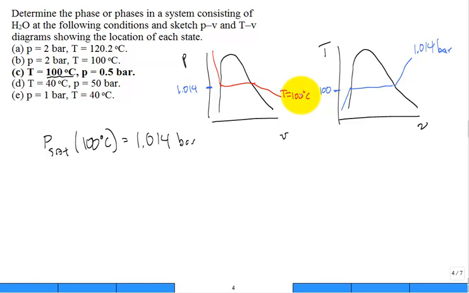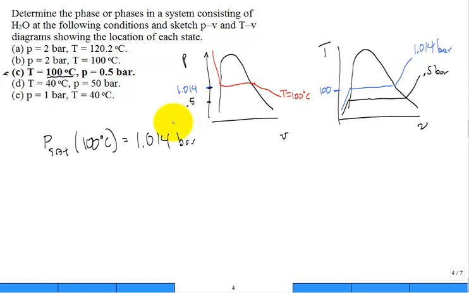All right. But we're at a pressure of a half of a bar. What would a line of constant lower pressure be? Something like this. And goes up, 0.5 bar. All right. Where is my half a bar? Isn't it down here? 0.5 bar?